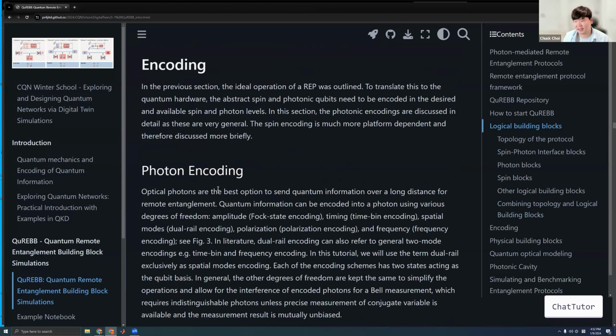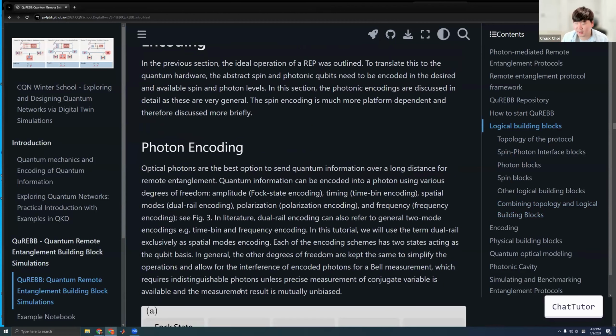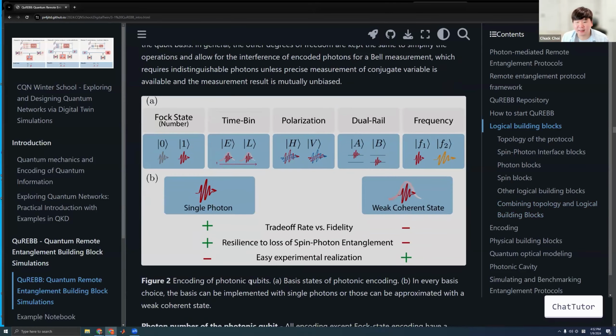You need to define whether the 0 and 1 states are polarization or frequency or a different implementation. And there are a few different ways of doing it. One way is choosing the Fock state basis or number state basis. If there is no photon, it's a 0 state. If there is 1 photon, then it's a 1 state.